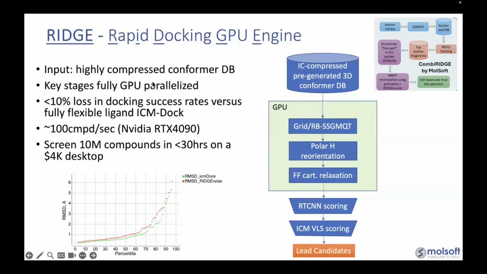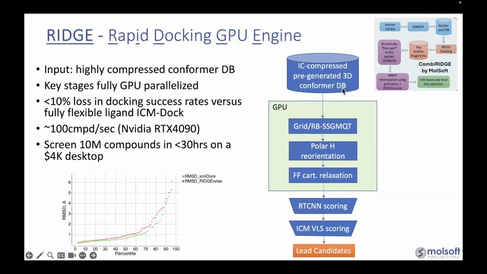Ridge is fully compatible with your regular ICM docking projects. So if you're using regular ICM VLS, you can just take that project and use it out of the box. As we know, it utilizes pre-generated conformers for efficient performance. And then the docking engine operates in three distinct blocks.